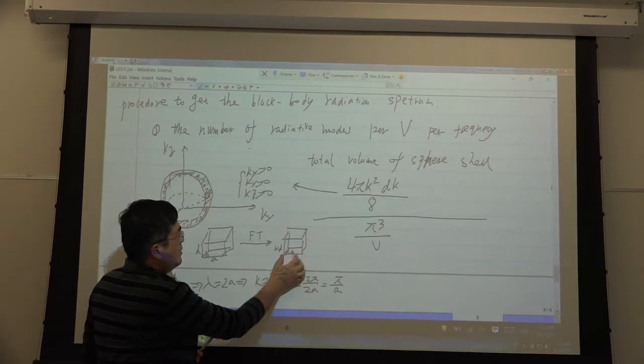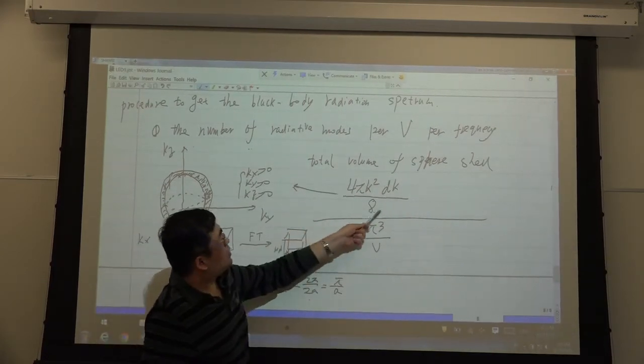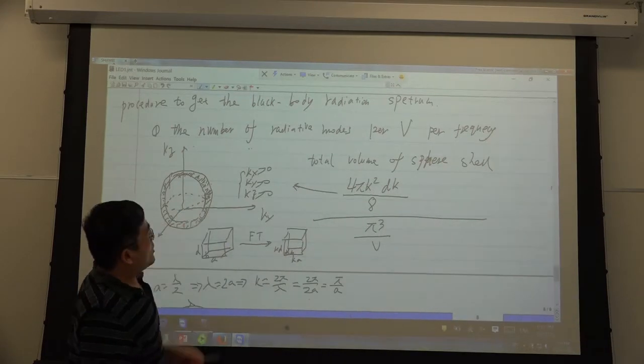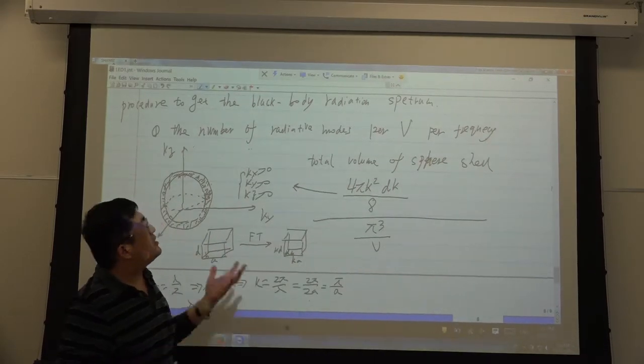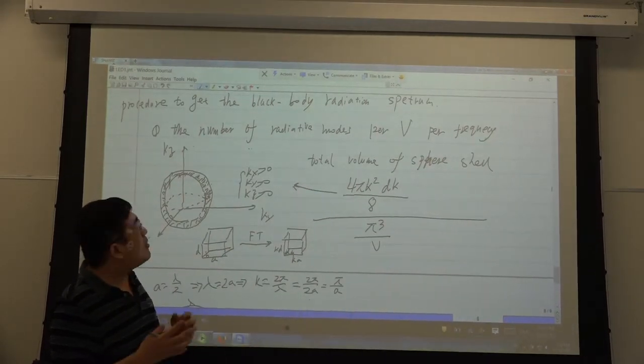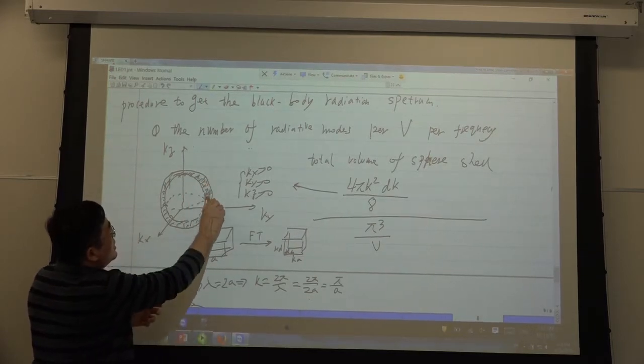Here is the total volume for this shell, divided by the minimum mode volume, which is just the number of modes that can be contained in the shell region.